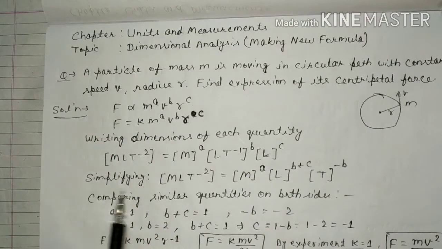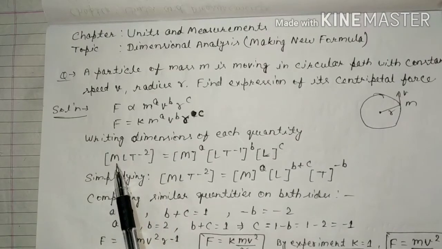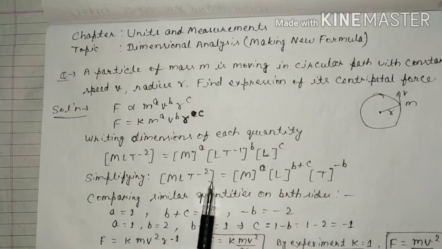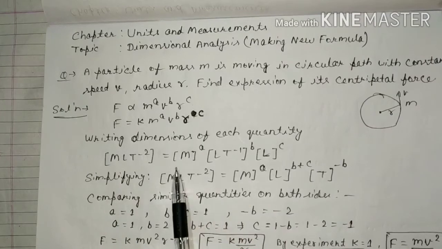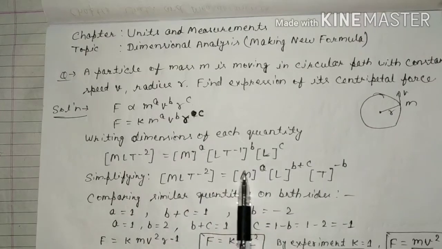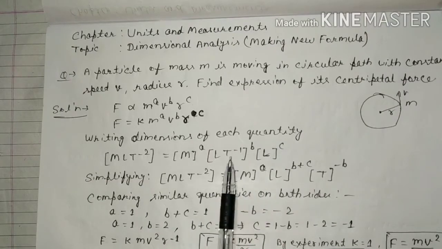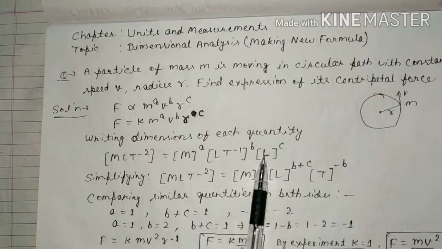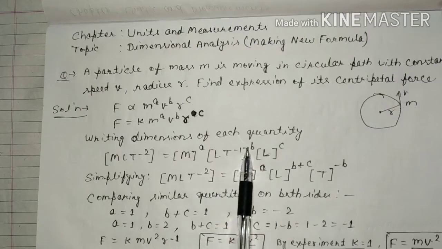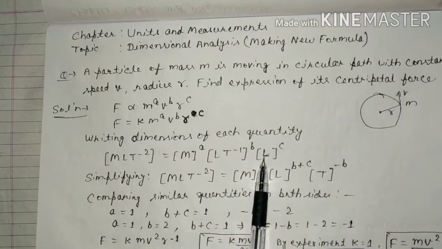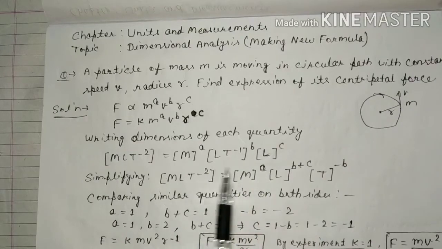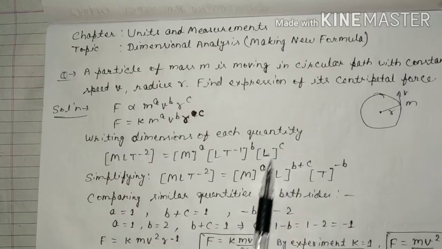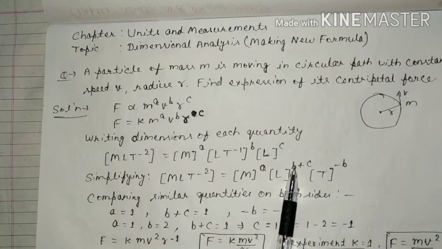Third step: simplifying these. The left hand side, MLT^-2, is already simplified. Equal to the right hand side. This is m; M appears only one time, M to the power a. L appears two times, so we simplify both: L to the power b and L to the power c. Both are multiplying, and when two quantities are multiplying, the powers are added, so L to the power b plus c.